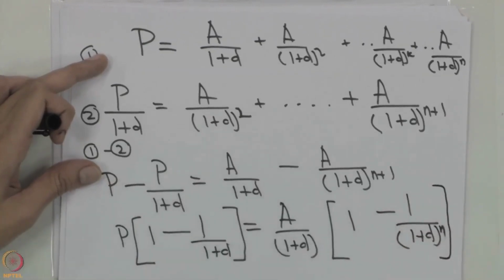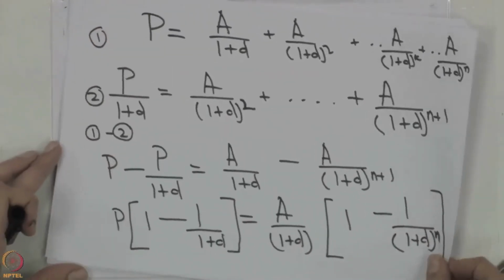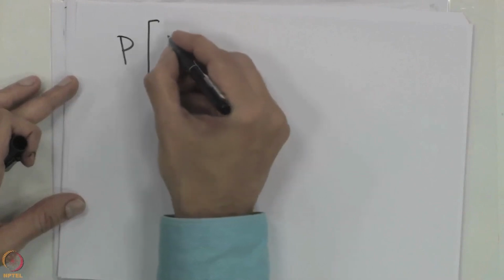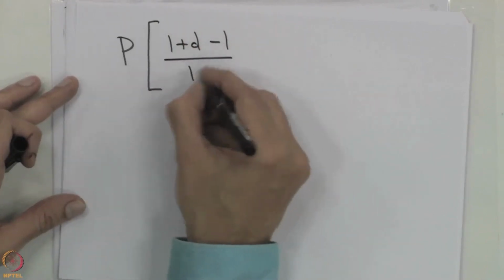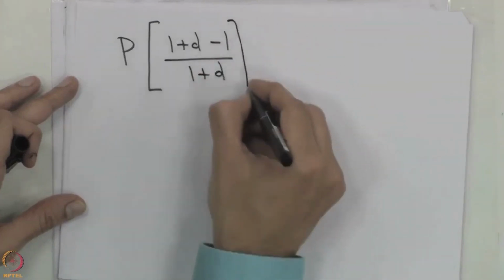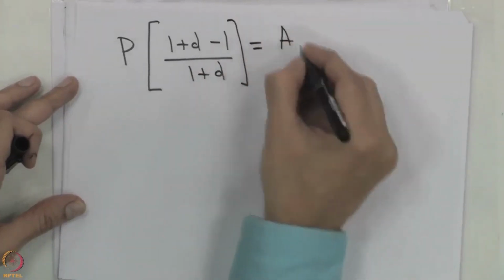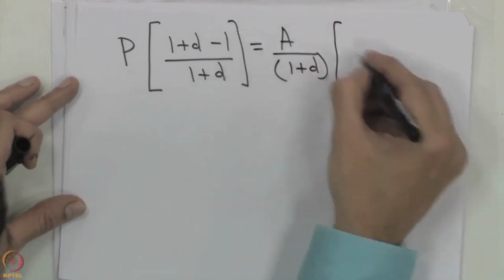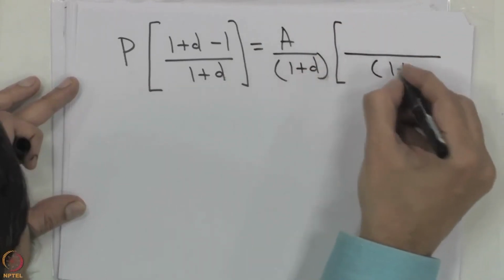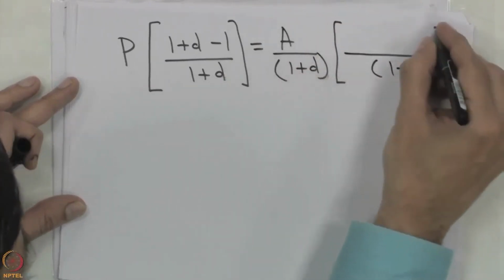When we simplify this further, we can write this as P into 1 plus D minus 1 by 1 plus D equal to A by 1 plus D, and I can take 1 plus D raised to n common.